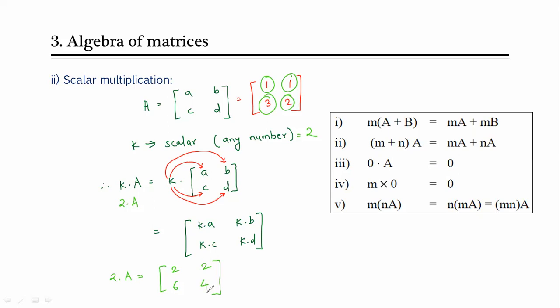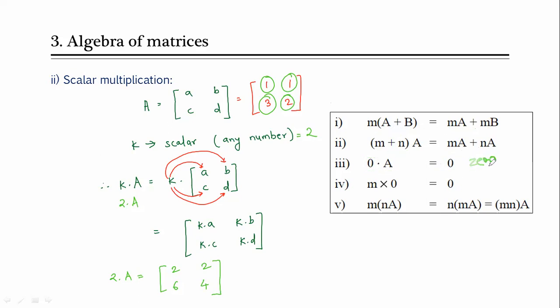Now certain rules are there which we have to remember. First is, M is any scalar, so M into (A plus B) is equal to MA plus MB. Next, M plus N, where M and N are both scalars. Suppose 2 plus 3, 5, so it will be 5 into A, or it will be M into A plus N into A. 0 into A, if 0 is the scalar, that means it will be a 0 matrix.